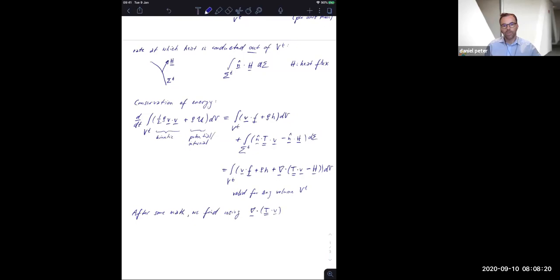We're going to rewrite this bit. So we have a term V dotted with the divergence of the stress, plus a term where we have the stress tensor tau dotted with grad V, for example.